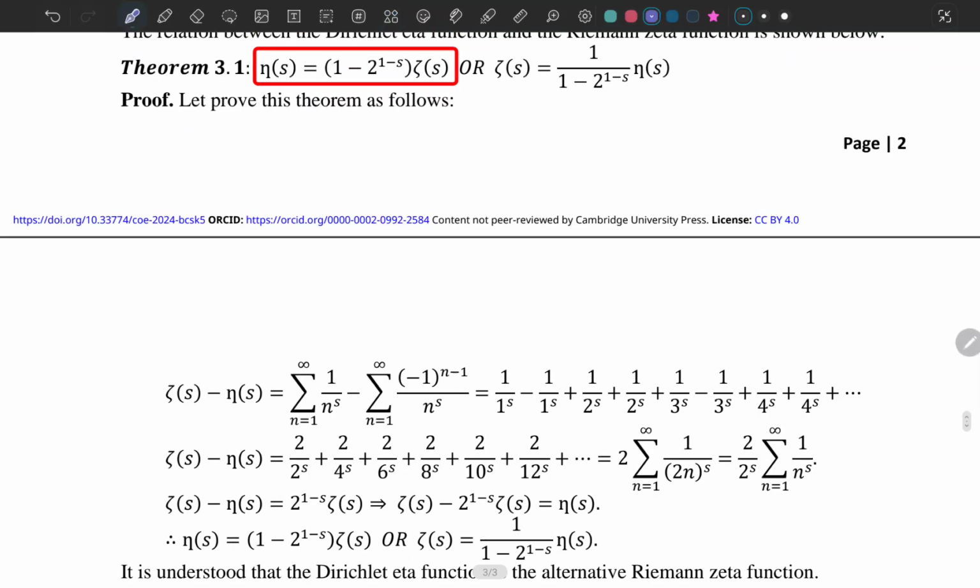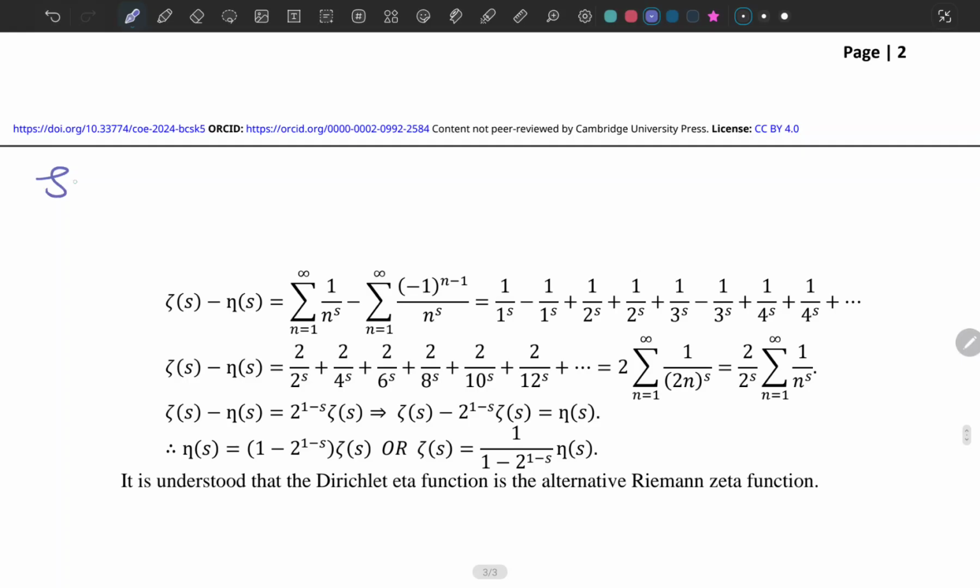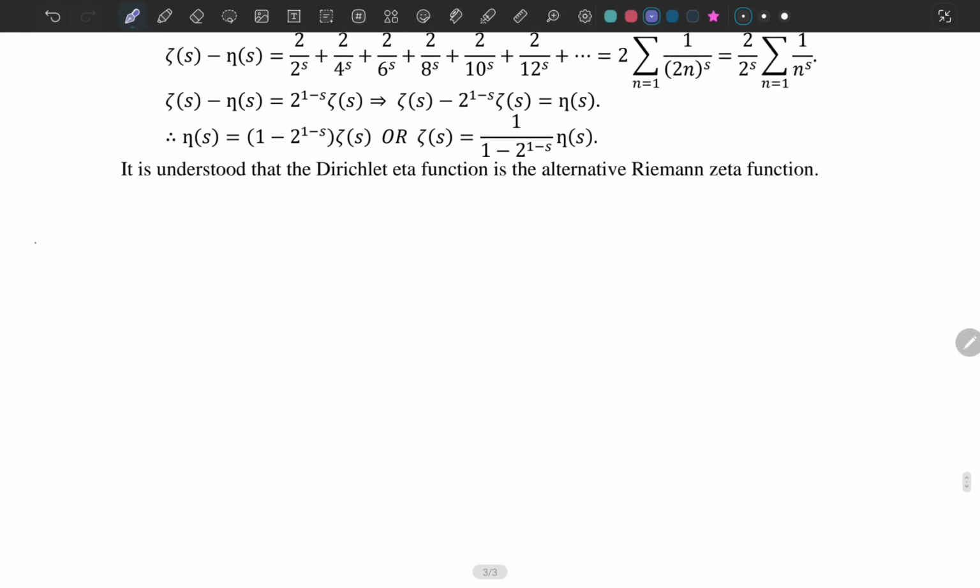Okay, so now if we talk about the Riemann zeta of s minus the Dirichlet eta of s. Firstly, let's talk about the Riemann zeta of s. Here we have plenty of space, so we are just going to use this. Riemann zeta of s was the sum as n goes from 1 to infinity of 1 over n to the s.